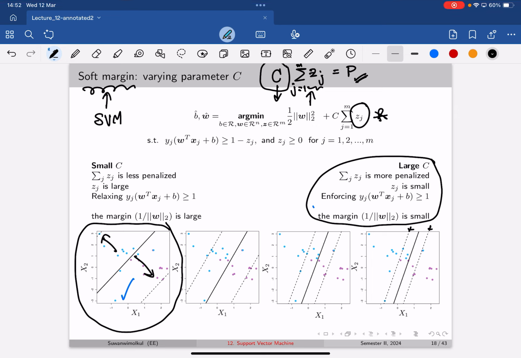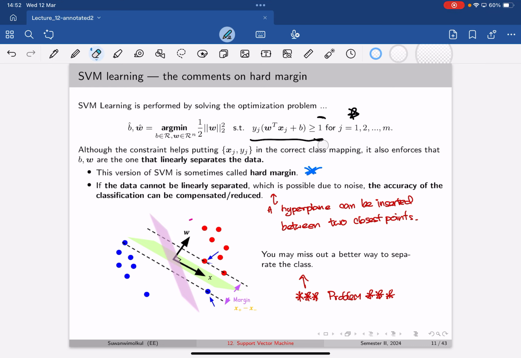And the original SVM that we learned previously, without the slack variable, is what we call hard margin SVM. But the problem with hard margin SVM is that if your data is non-linearly separable, it will not be able to find you the hyperplane. It's like none of the data samples satisfy that condition.